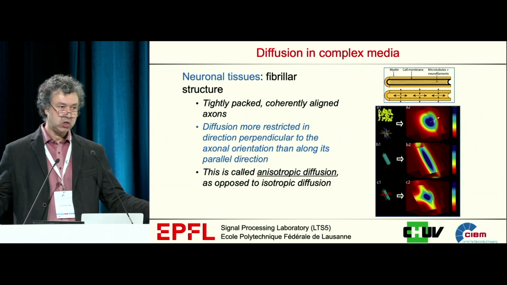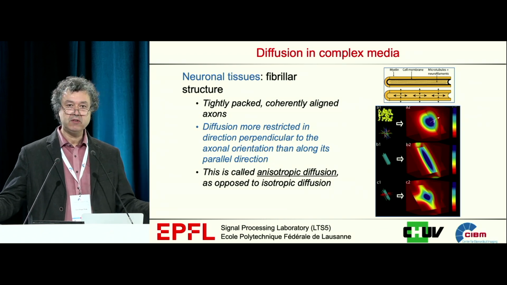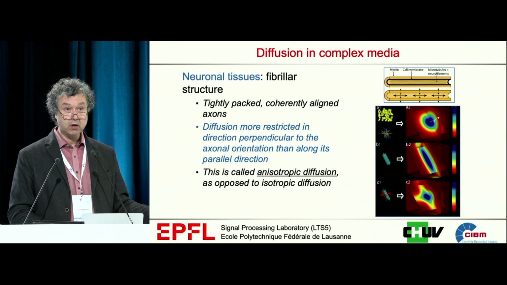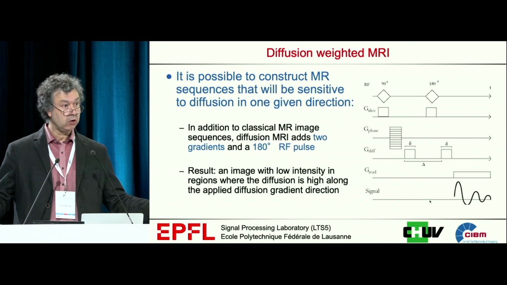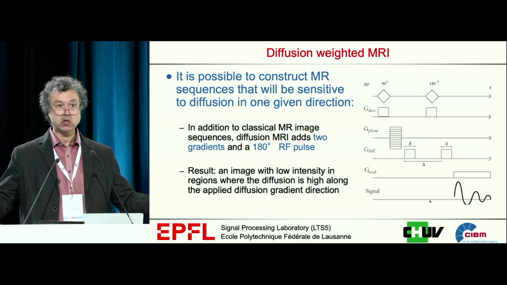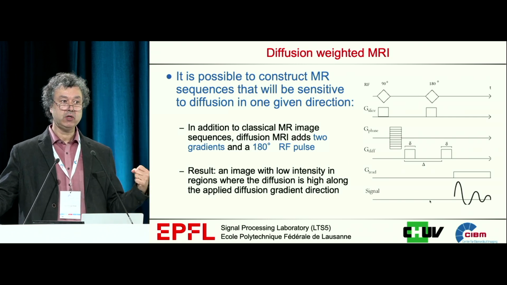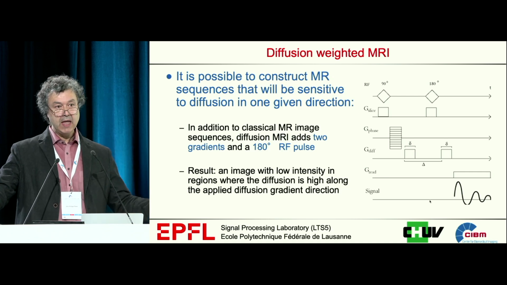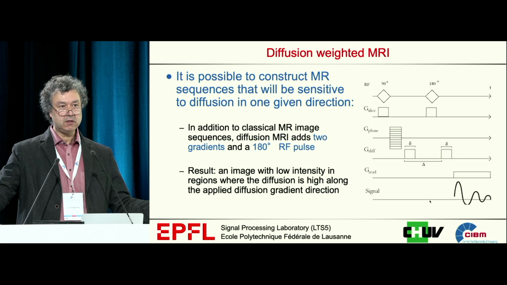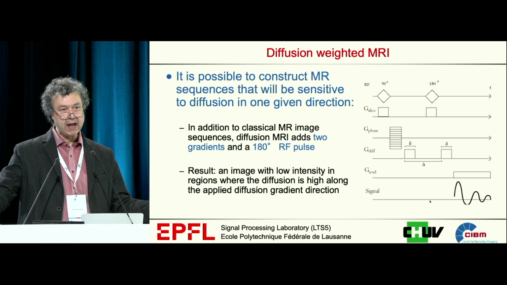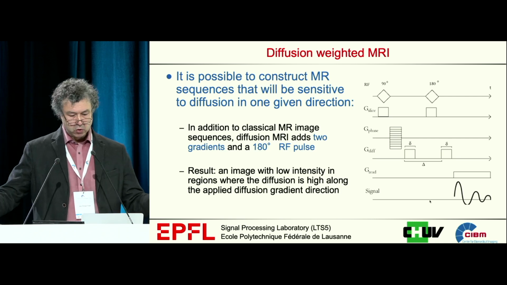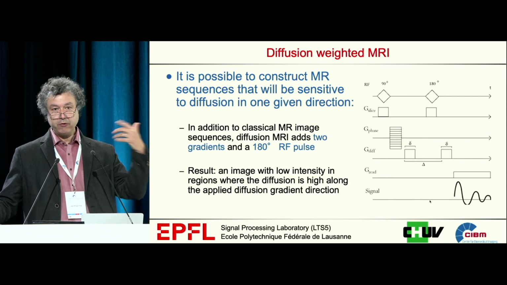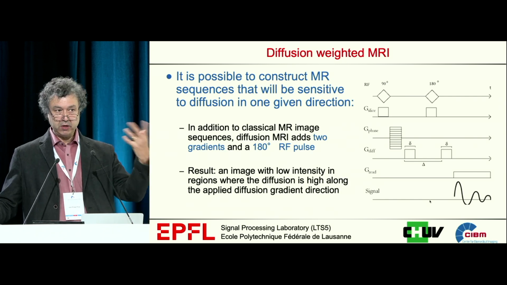And this is really the origin of brain connectivity analysis by diffusion MRI, because thanks to the pioneering works of Professor Le Bihan, we know that we can actually measure and model the diffusion in the brain by diffusion magnetic resonance imaging, by making the signal that we measure with the MRI, for instance with a spin echo sequence, sensitive to the diffusion of the water molecules at some point in some direction.